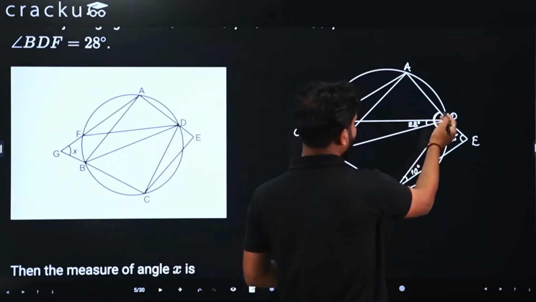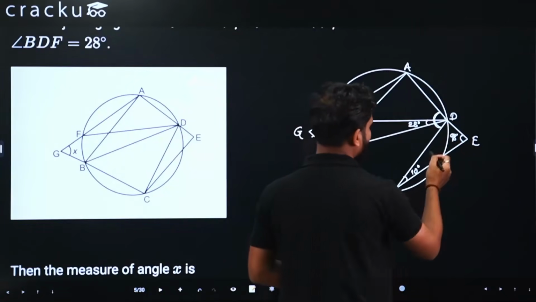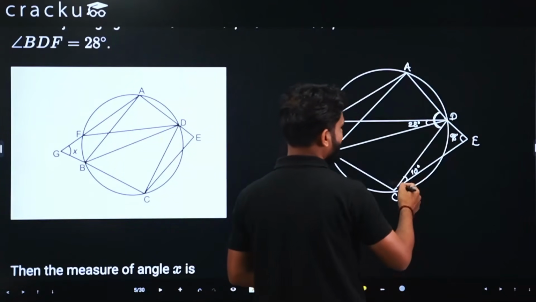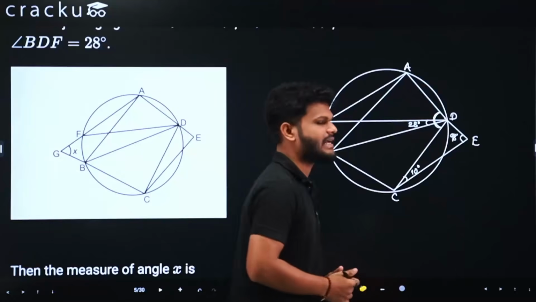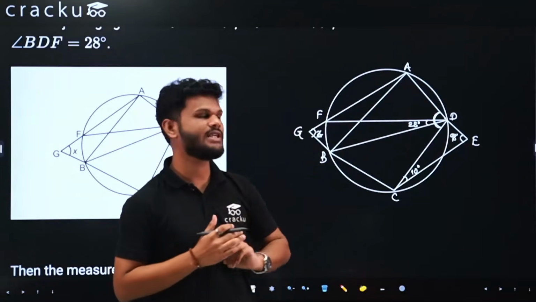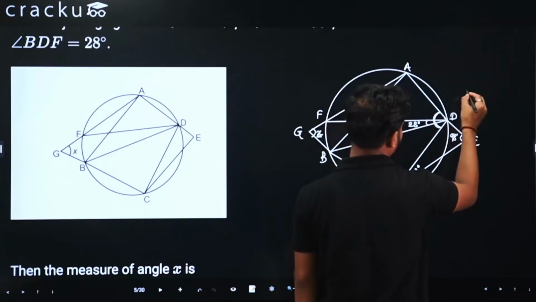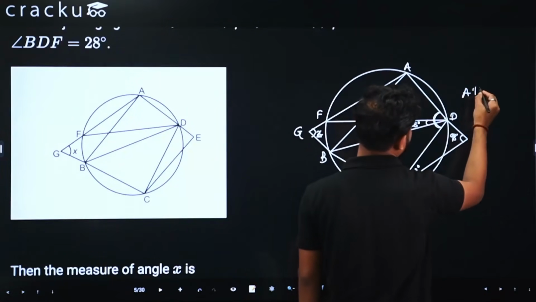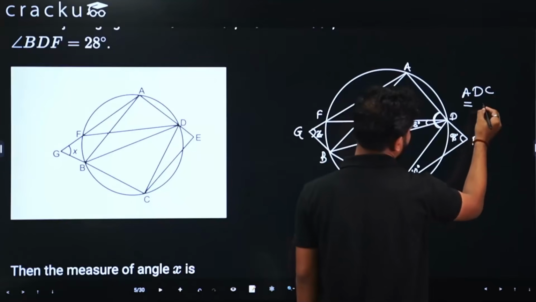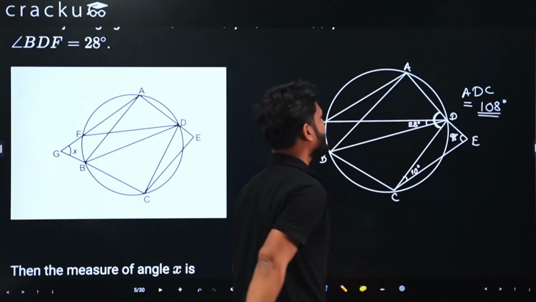Because CDA is the exterior angle of triangle CED, and the exterior angle is the sum of two opposite interior angles. So this is 10 and 98. So this ADC will be 10 plus 98, which is 108 degree.